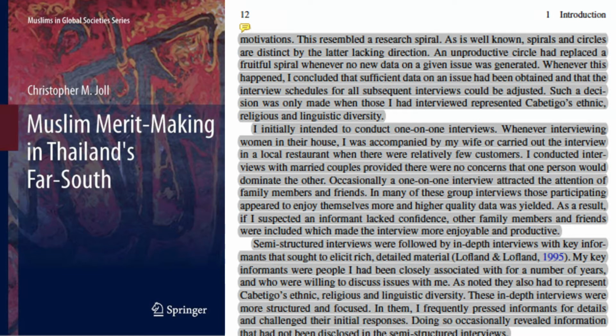We've used the word ethnographic saturation in previous lectures, where we do more and more interviews, and we find that there is no more data being produced, and I make some comparisons between that and what I refer to as the research spiral. When you have reached ethnographic saturation, the spiral, which has a direction, turns into a circle.